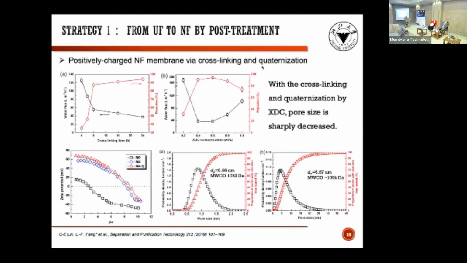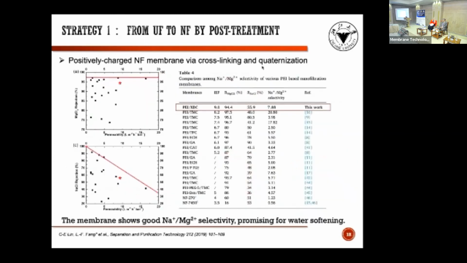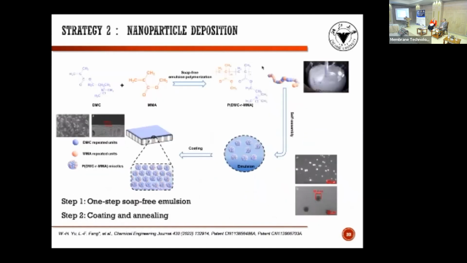The pore size is reduced to 1 nanometer, and the molecular weight cutoff is around 1,000. Interestingly, we found the membrane shows a relatively high sodium ion and magnesium ion selectivity, which is promising for water softening.